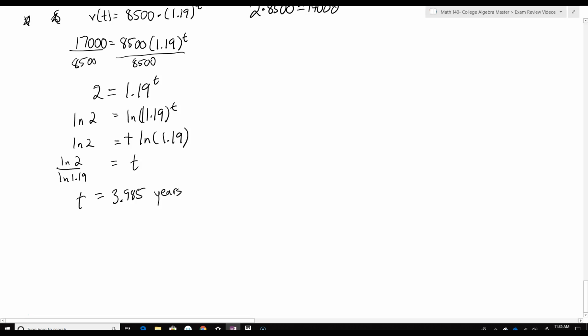Now, the second problem asked us what happens if we change the principal. So for part B, now A equals $850,000, but it's still otherwise the same problem. How long does it take to double? Well, it turns out it doesn't matter. Because 2 times A is going to equal $1,700,000.